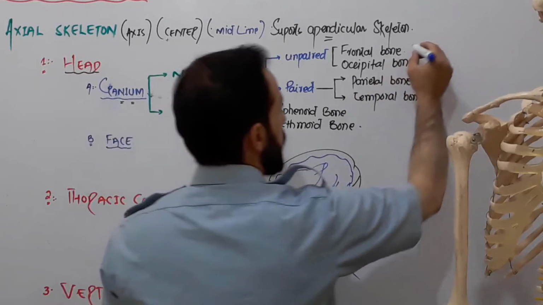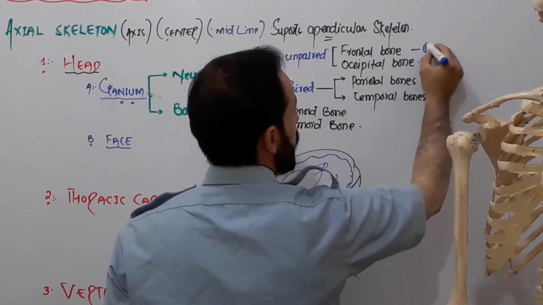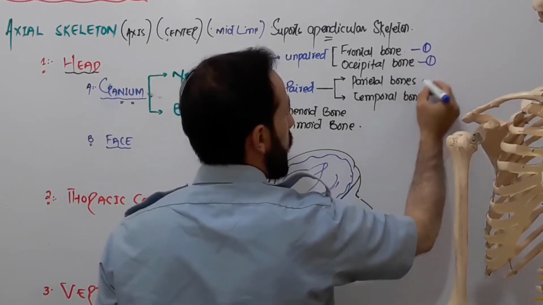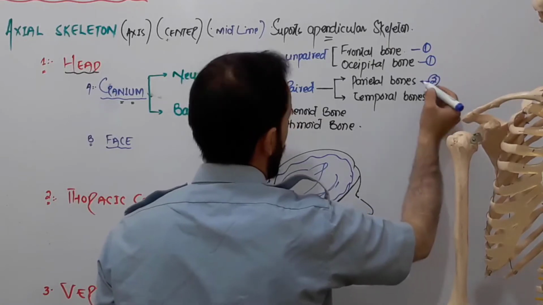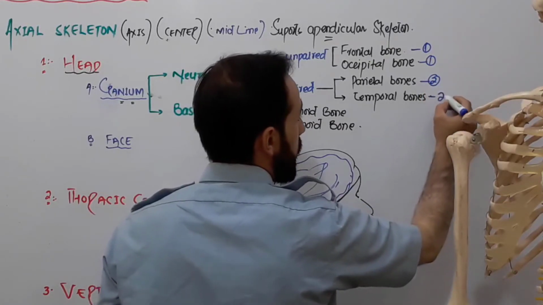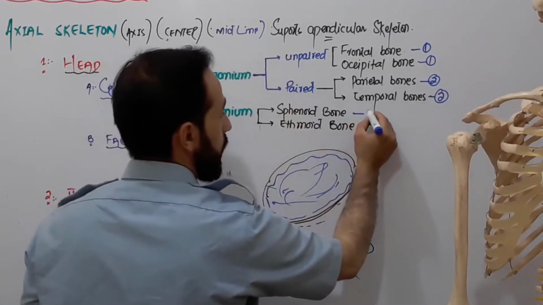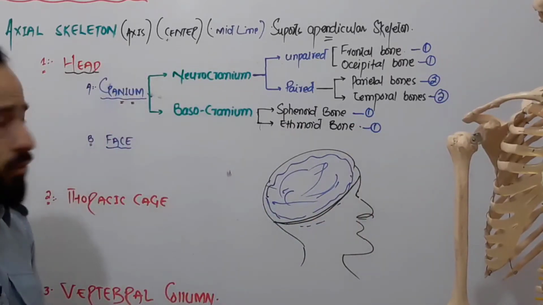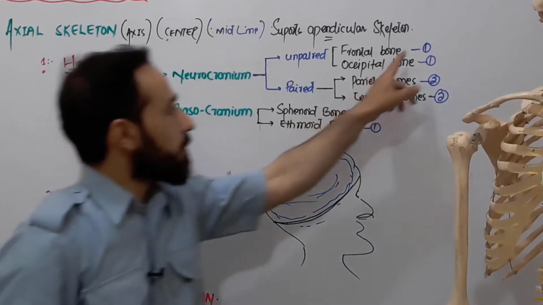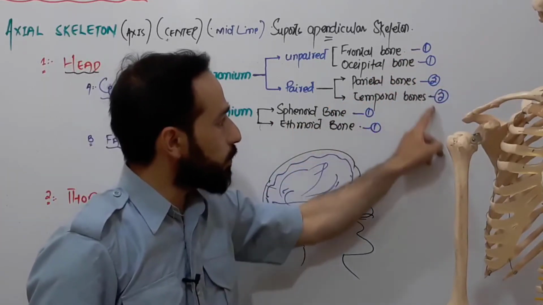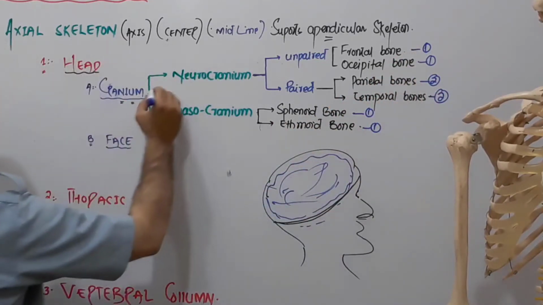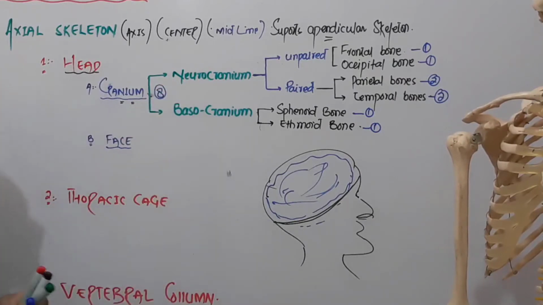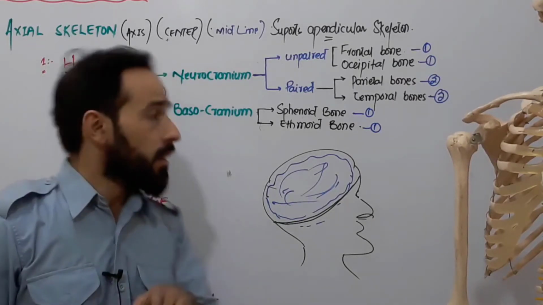So let's write: frontal bone 1, occipital bone 1, parietal bone 2, temporal bone 2, sphenoid bone 1, ethmoid bone 1. So how many total bones are present in your cranium? 1, 2, 3, 4 and 4, 8. Total 8 bones are present in your cranium, right?